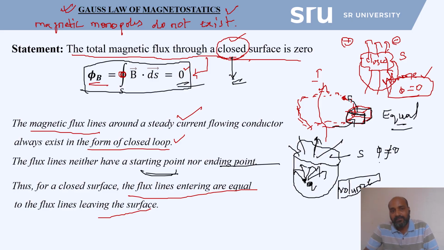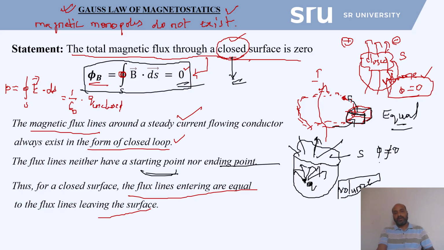But from this, how can we say that magnetic monopoles do not exist? Similar to Gauss law of magnetostatics, if you write Gauss law of electrostatics, just see the analogy. The flux Φ is equal to the closed surface integral, instead of B or H, of E, the electric field intensity, over a closed surface, which is equal to 1 by epsilon naught times the charge enclosed.